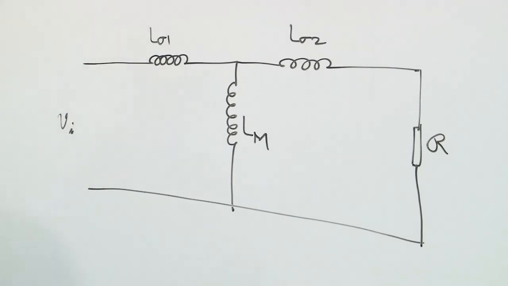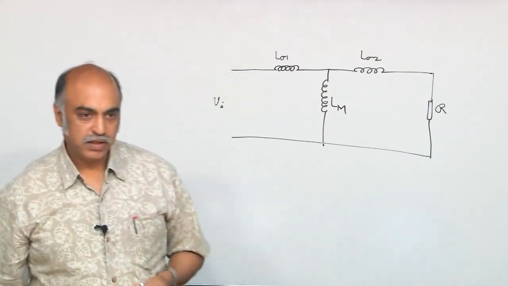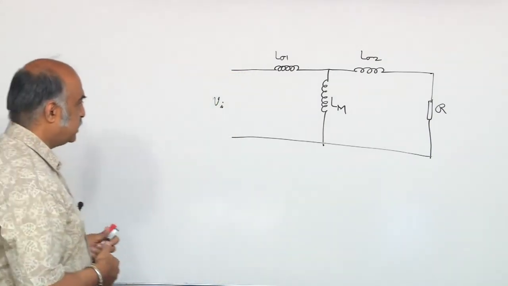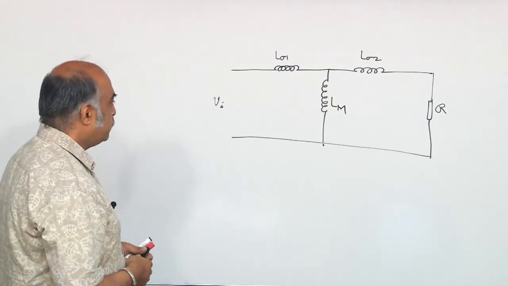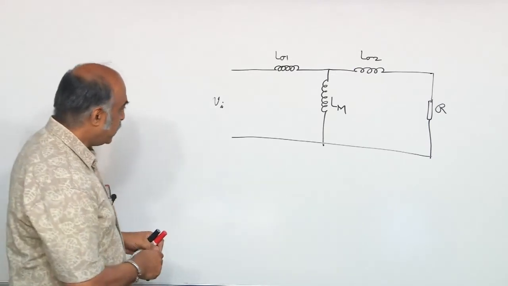Some circuit like this, we use it, right, equivalent, we replace it with an approximate equivalent circuit where our transformers are there. But just tell me what happens, what is the bond graph?